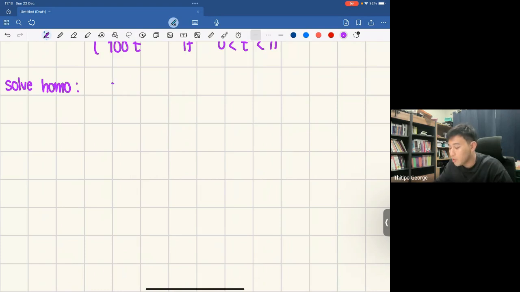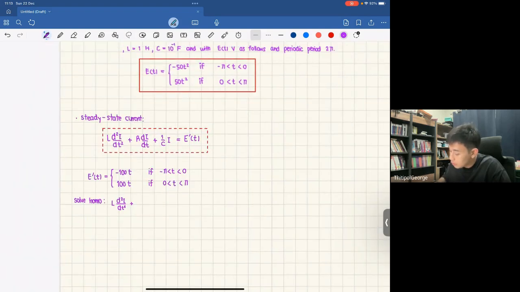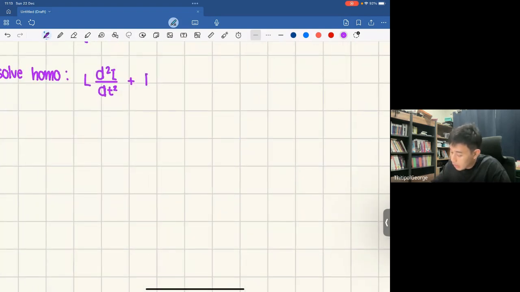So we are going to solve d squared I by dt squared, we do have L in front of it, plus R di by dt, and then plus 1 over C times I, but this one we equate to 0.